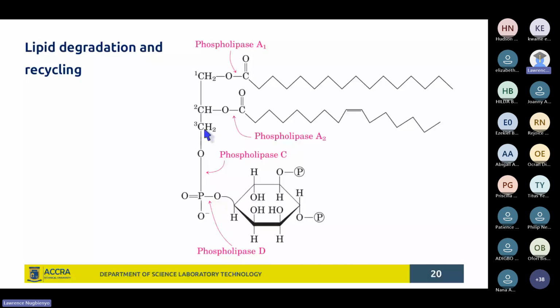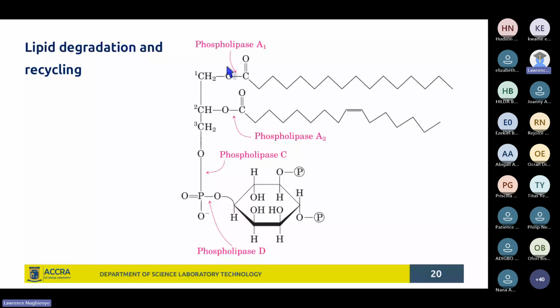Phospholipase D also breaks a phosphoester bond, but between the phosphate group and the head group, which can be any molecule: an amino acid, a carbohydrate, or another lipid.